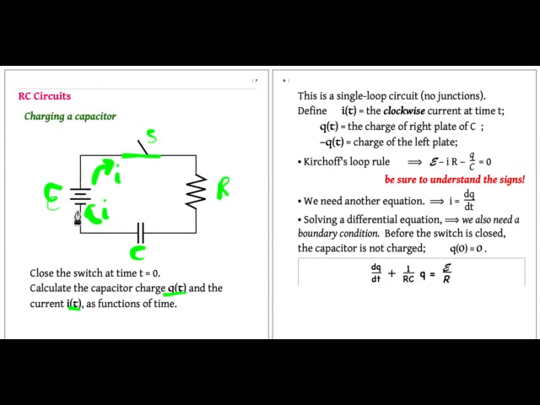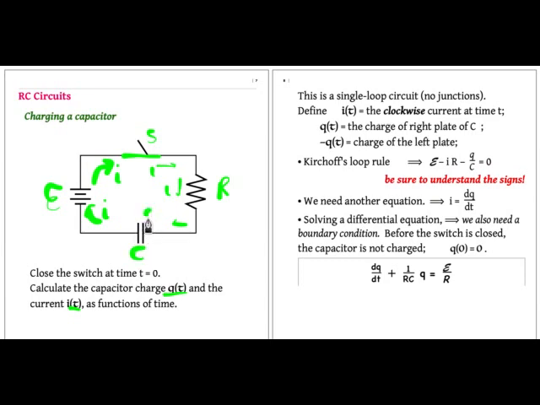But in terms of the conventional current, because electrons have negative charge, we say there's a current flowing away from the positive electrode and into the negative electrode. And that current continues through the resistor and up to the capacitor, but it can't go through the capacitor because there's an insulator.